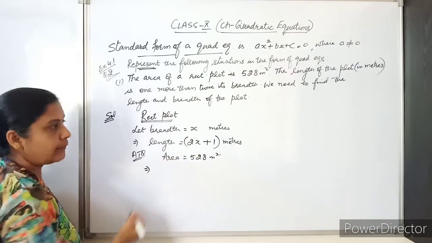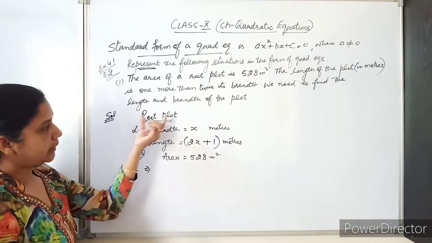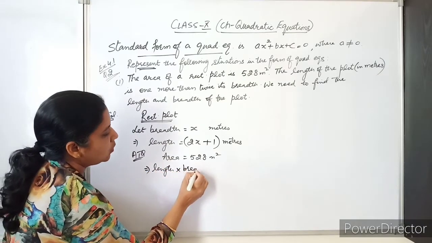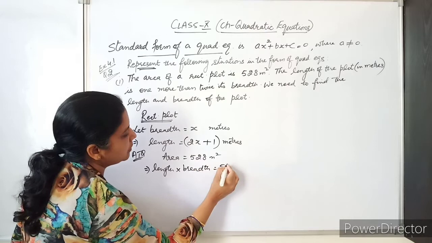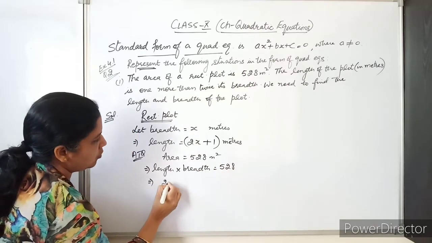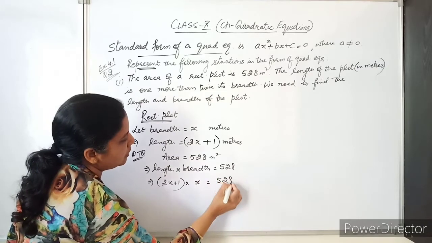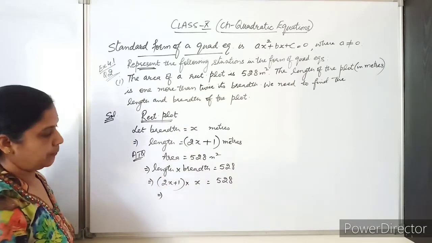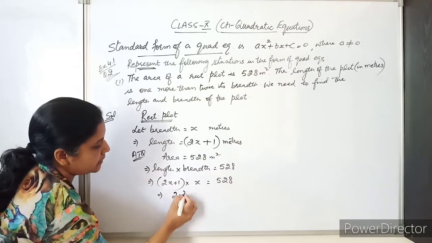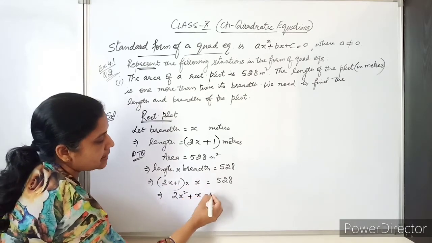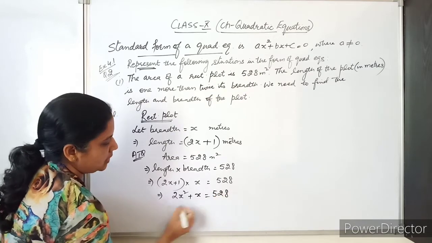But already we know the area of a rectangular plot is length into breadth. So let's put up the values. 2x plus 1 into x is equal to 528. When I multiply it, I get 2x into x becomes 2x square plus 1 into x, x, is equal to 528.